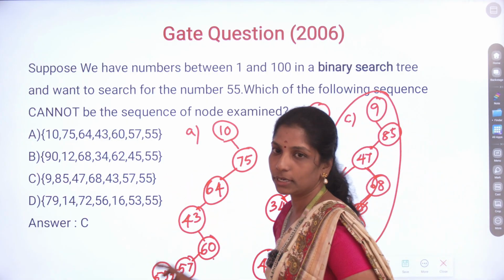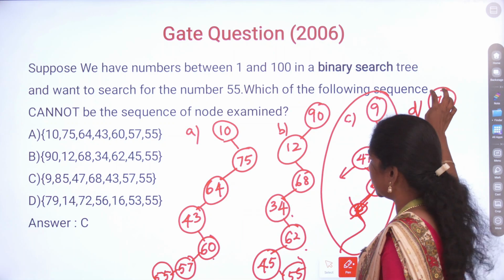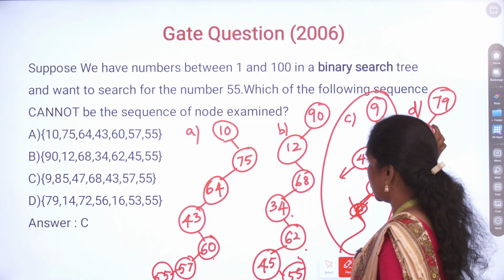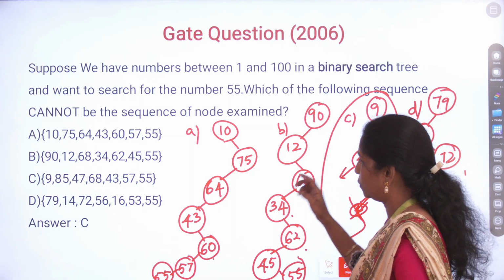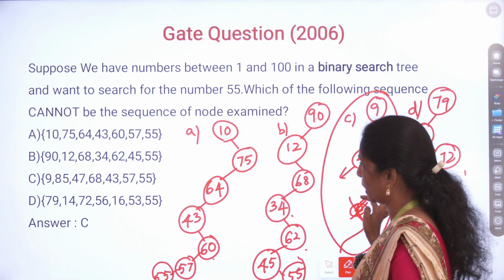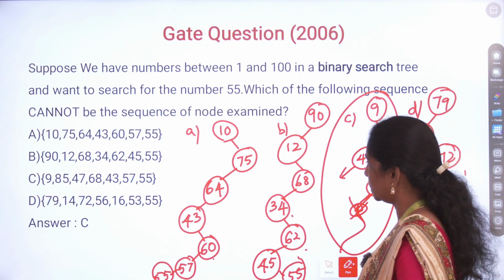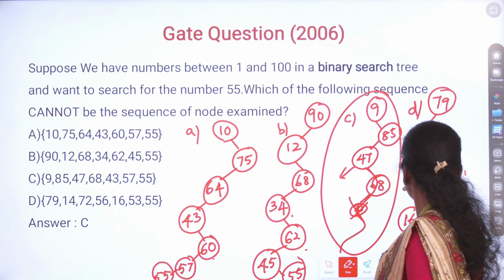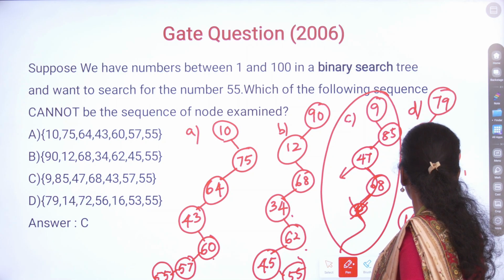So let's see the remaining option and fix the answer. The root node is 79. 14 is lesser than 79, so left hand side, and 72 is greater than 14, so right hand side, and 56 is lesser than 72, so left hand side, and 16 is lesser than 56, again we place it on the left hand side, and 53 is greater than 16, so we place it on the right hand side. 55 is greater than 53, so we place it on the right hand side.